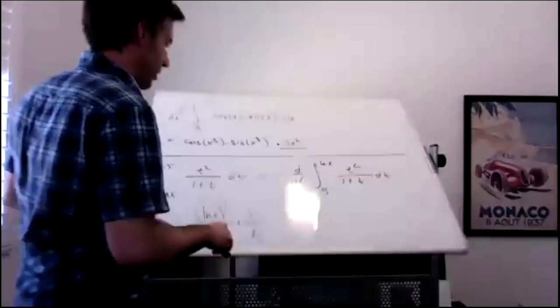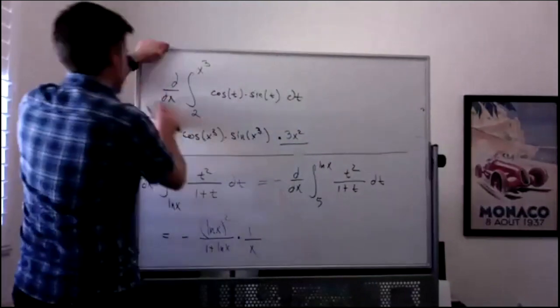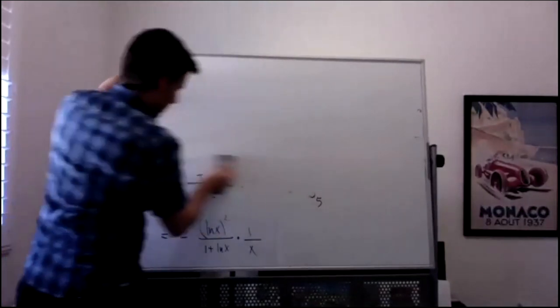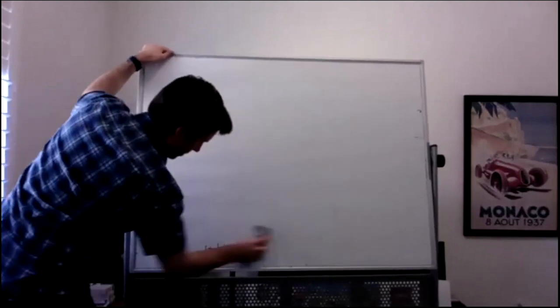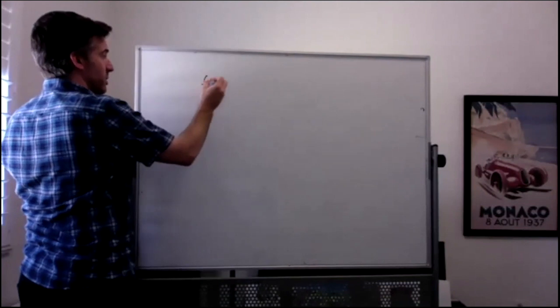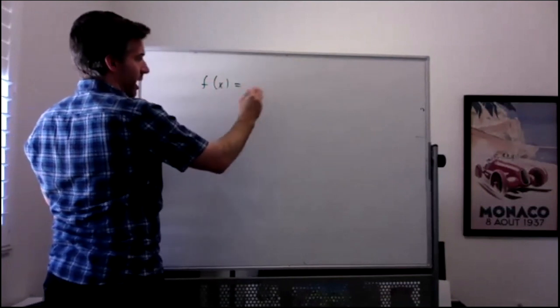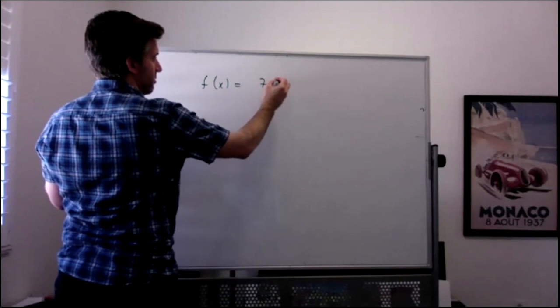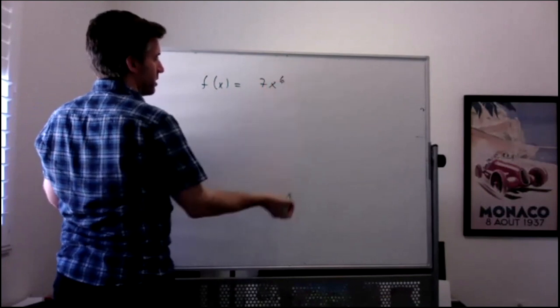So let me just point out, it does depend on which order you do it in. Sometimes you get something slightly different. So if I start with a function, something easy, like 7x to the 6.